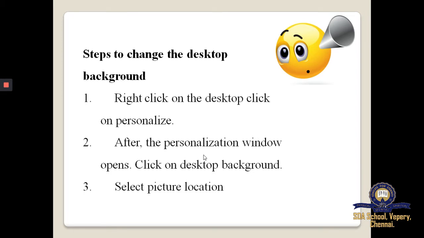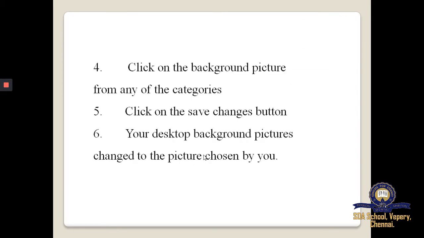Then you have to select the picture location. The fourth step is to click on the background picture from any of the categories. Whatever you want, you select the picture from any category. The next step is to click on the Save Changes button. This Save Changes option is in the Windows 7 operating system only.